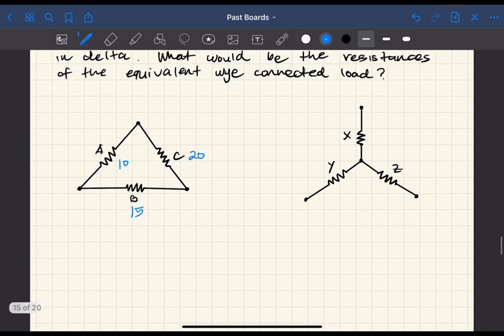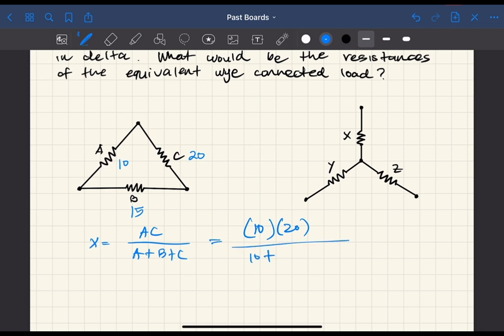So from the formula, X is equal to AC over A plus B plus C. So this is equal to 10 times 20 divided by 10 plus 15 plus 20.